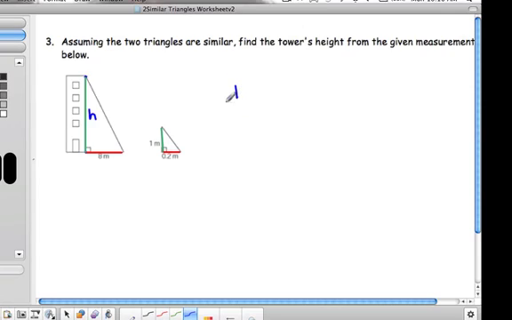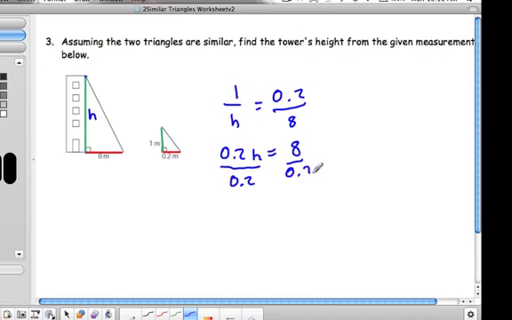So 1 over H is equal to 0.2 over 8. Cross multiply, we get 0.2H is equal to 1 times 8, which is 8. We have to divide both sides by 0.2. And we get H is equal to 40.